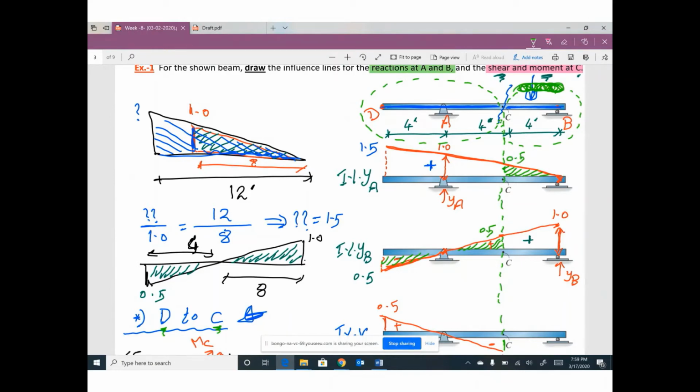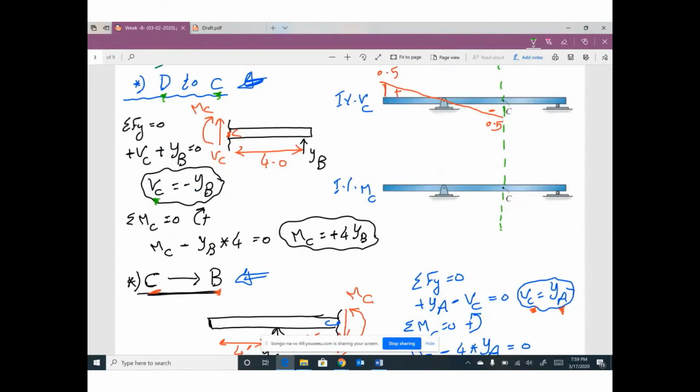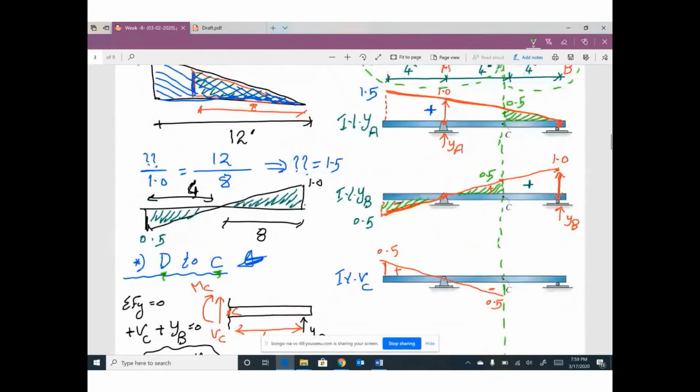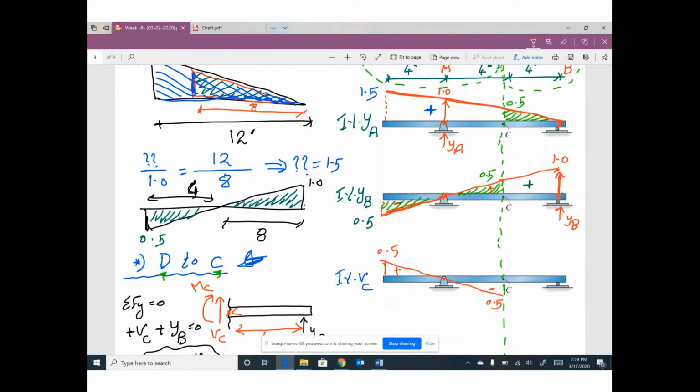Get this shape as it is without any change because we don't have any negative. It's positive YA, so without any change, put this little triangle here, and this value will be 0.5. So the final shape of this diagram can be called the influence line for shear at C.